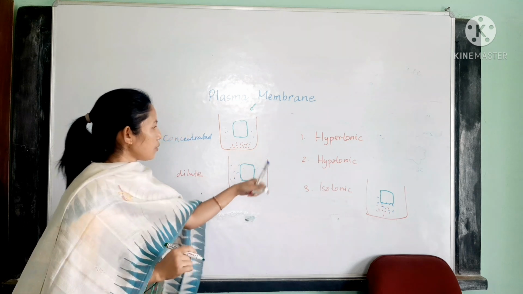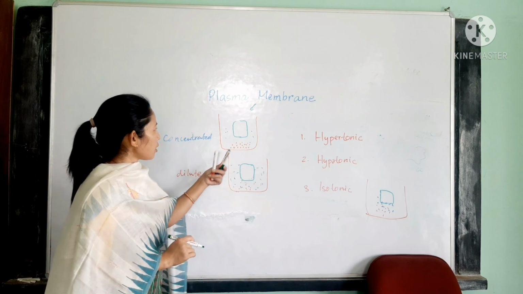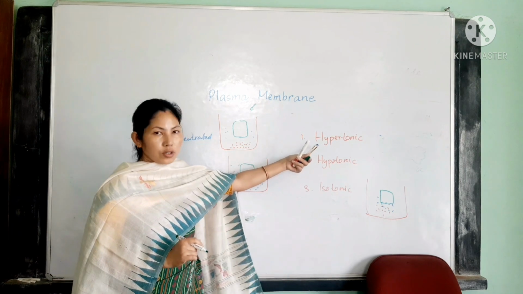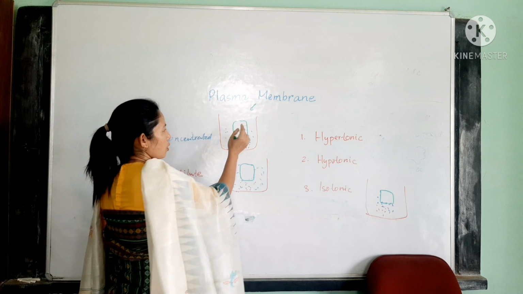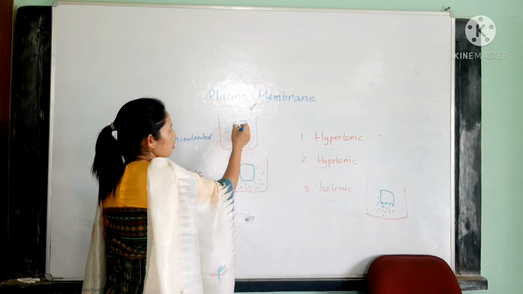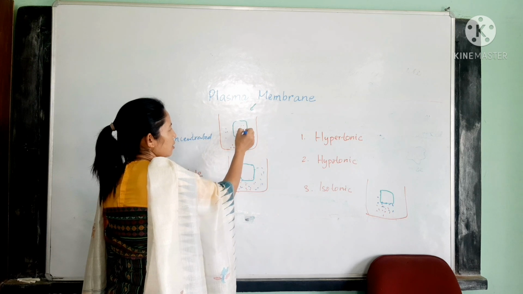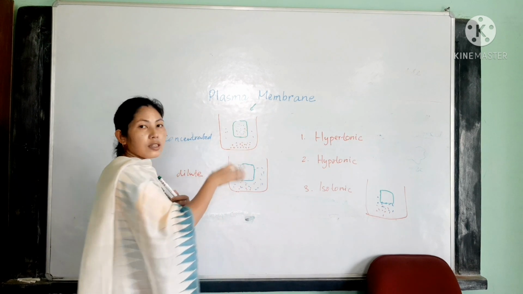So in three different solutions a cell is put inside. Now here, as it is a hypertonic solution and a concentrated solution, the amount of water is more inside the cell, right? The amount of water is more as compared to the amount of water present in the solution.